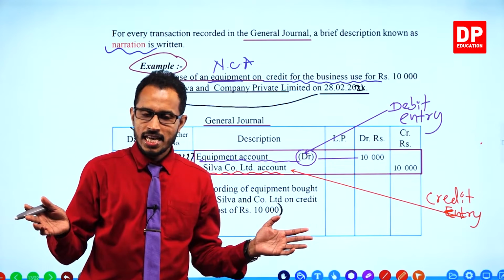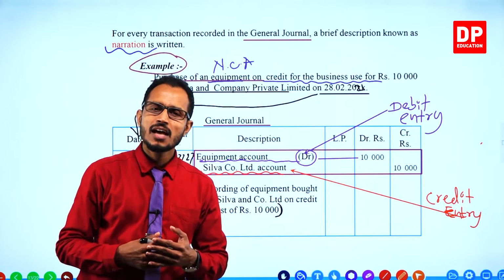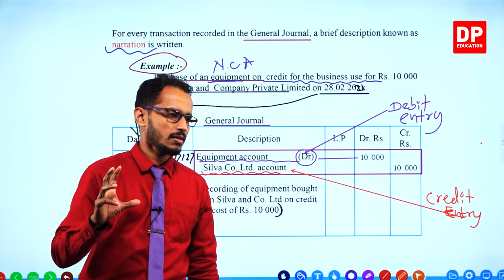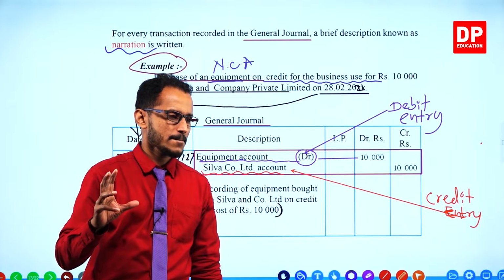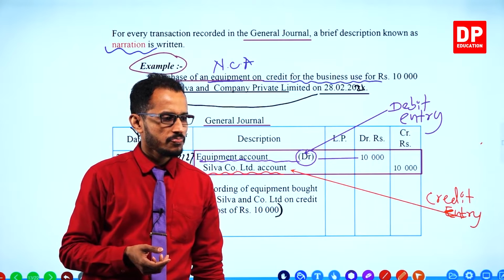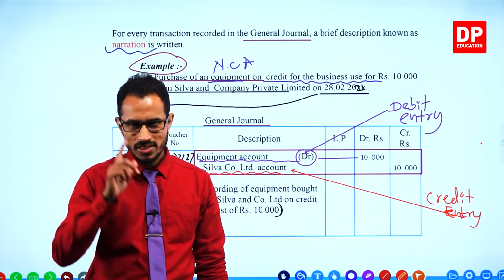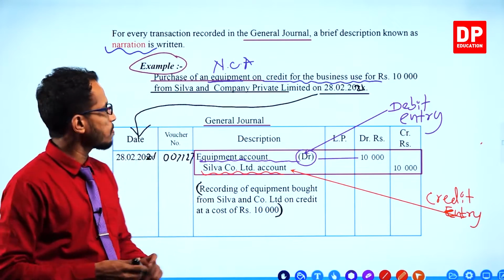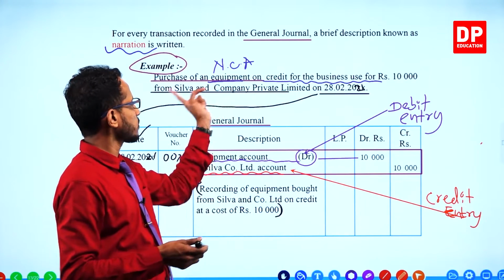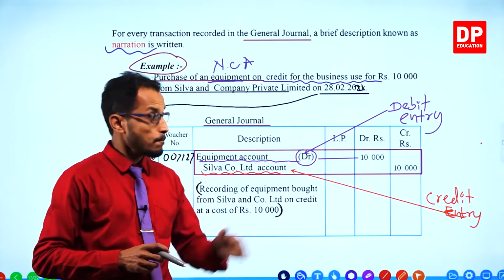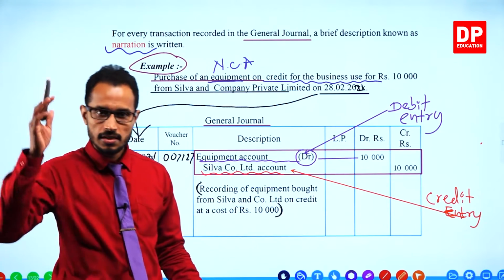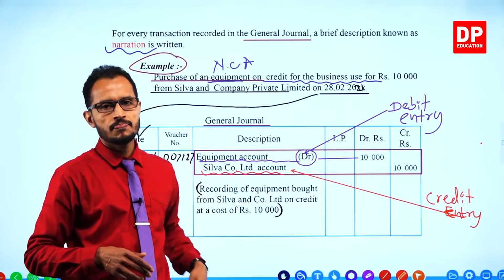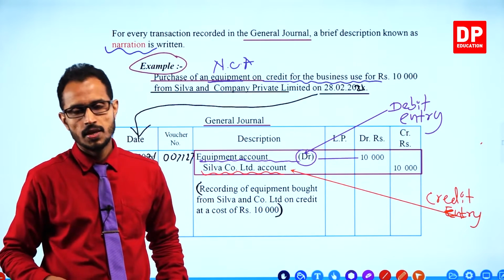All right, children, it's something a little confusing to think why these transactions must be recorded in prime books such as the general journal.